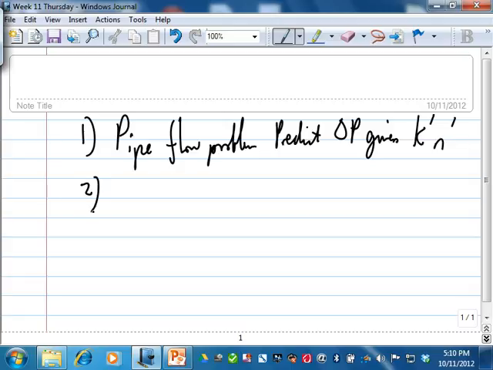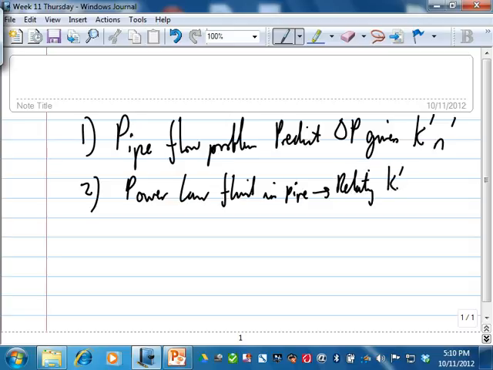Number two, power law fluid in pipe. Basically, relating K prime and N prime to K and N.